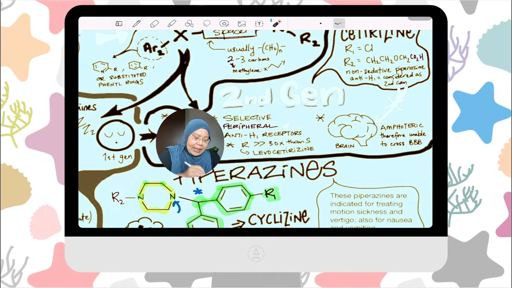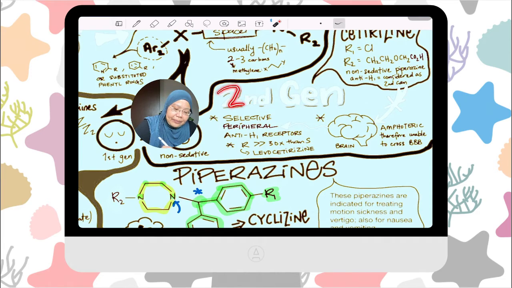When they change R2 to a long alkyl chain, a long carboxylic acid, it brings about non-sedative effects. So this piperazine becomes the second generation antihistamine. The wonderful thing to a lot of patients or customers is that it's non-sedative.